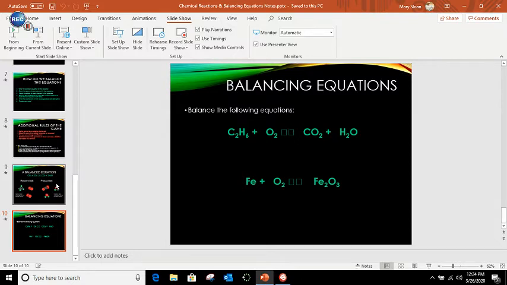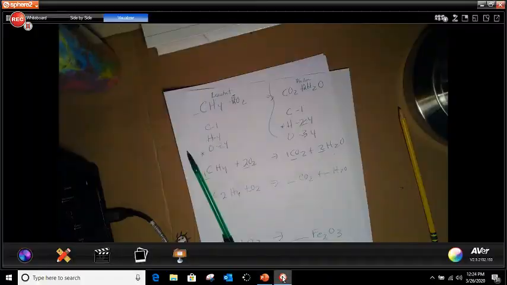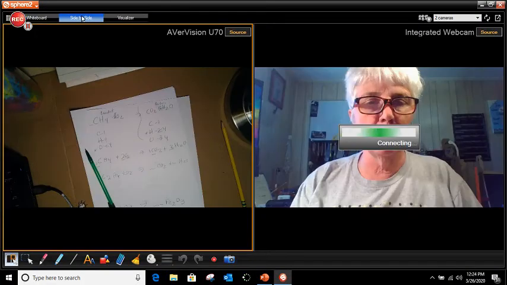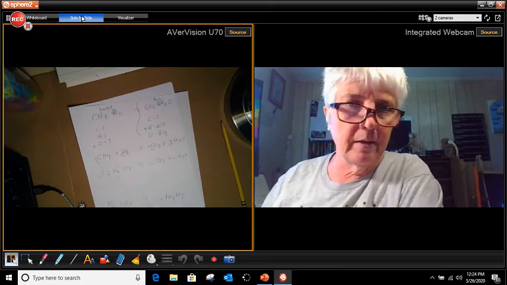So we have C2H6 plus O2 yields CO2 plus H2O. Okay? And then we have Fe plus O2 yields Fe2O3. So let's go back to here and see if we can figure out how to do this.